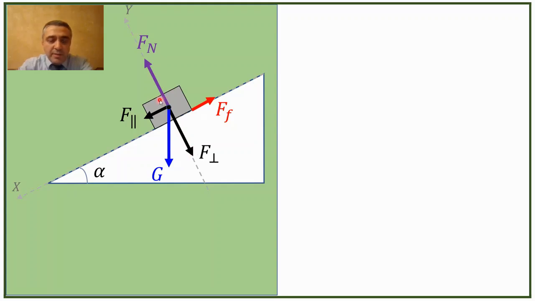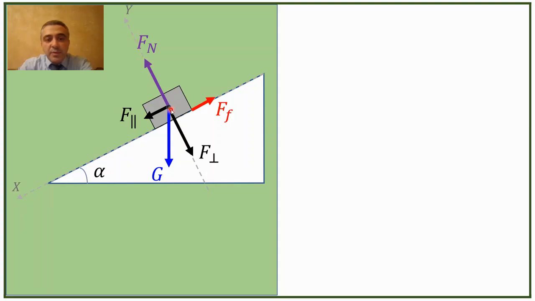As can be seen from the picture, this parallel force is what makes the object go in the downward direction, and it is always opposite to the friction force.